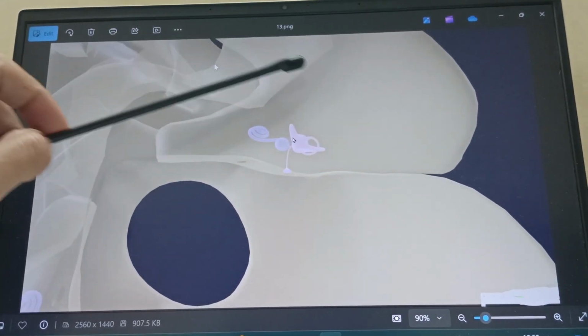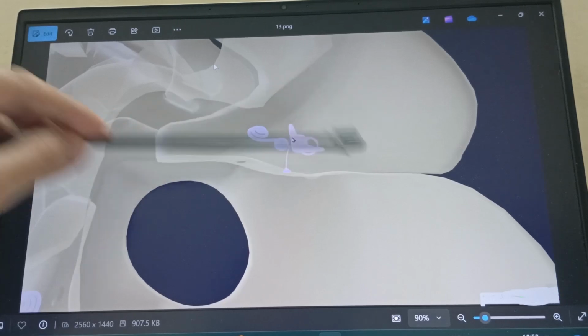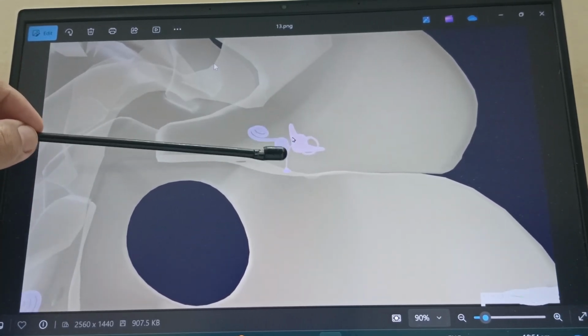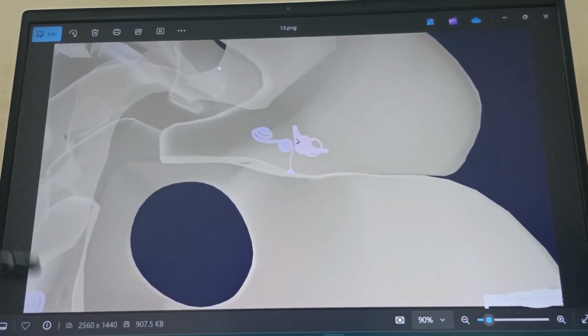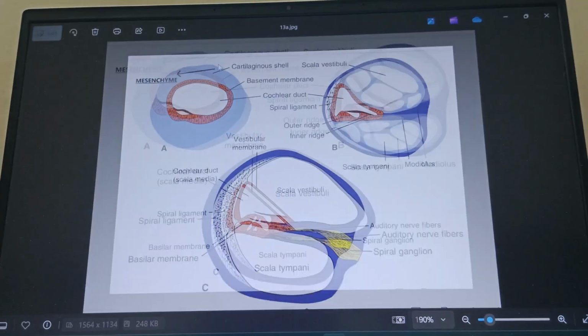Now for simplicity, the petrous part of temporal bone is shown as a transparent bone, and we can see the location of the structures of the membranous labyrinth, and this is the foramen magnum, that is the other sided structure of the coils of cochlea.